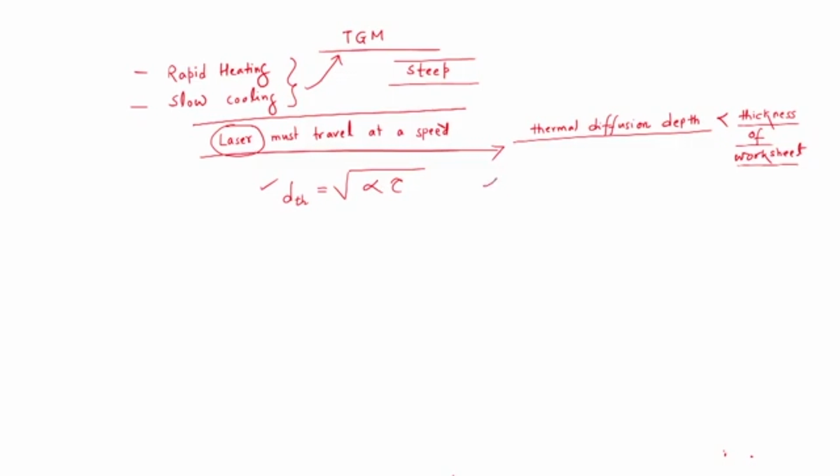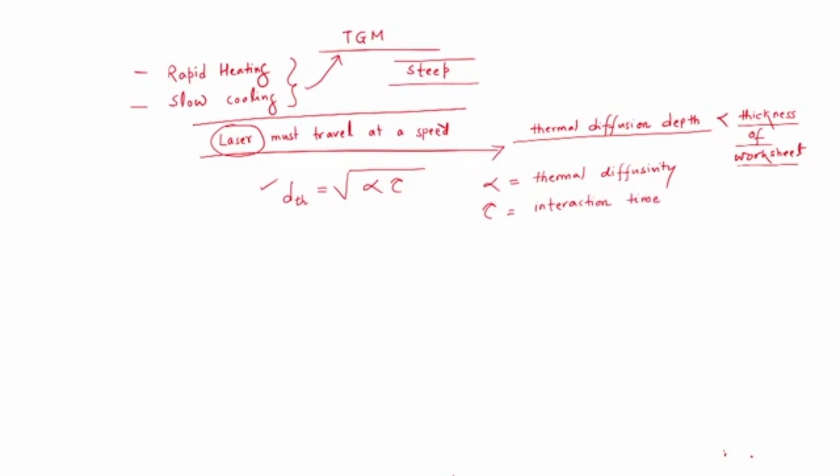Here alpha is thermal diffusivity and tau is the interaction time, the laser material interaction time.